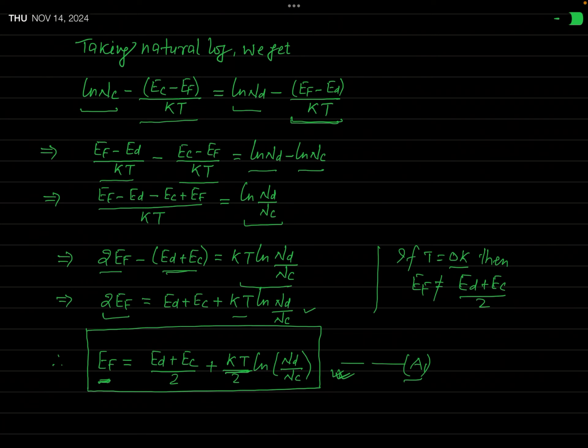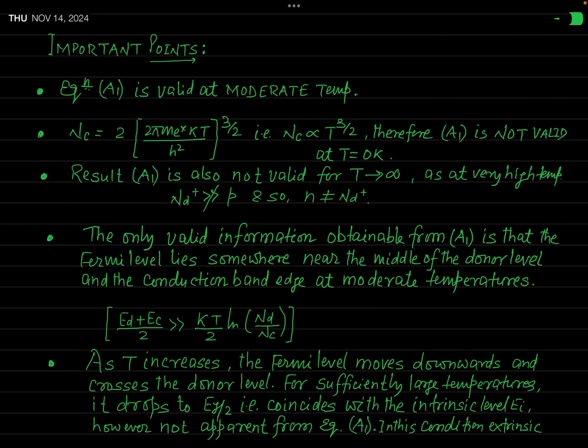And you know, in the expression of Nc, there is T actually, and you have to take that T also 0. And when you do that, the result will be something different. Let us see. I have written here that Nc is equal to this much. You know it. You have studied this thing several times.